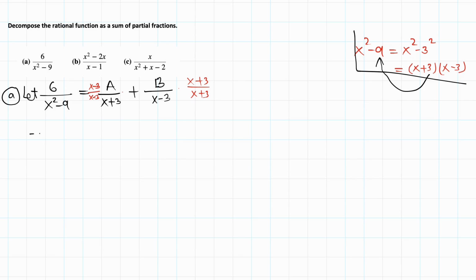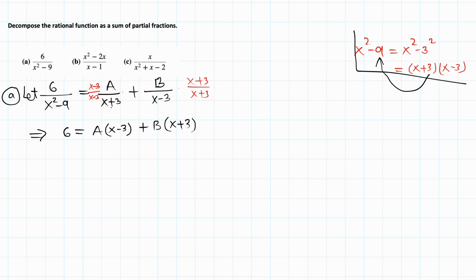This implies the bottoms will be the same, so the tops should be the same as well. So 6 equals A times x minus 3 plus B times x plus 3. The bottoms are equal, so we are not writing them.